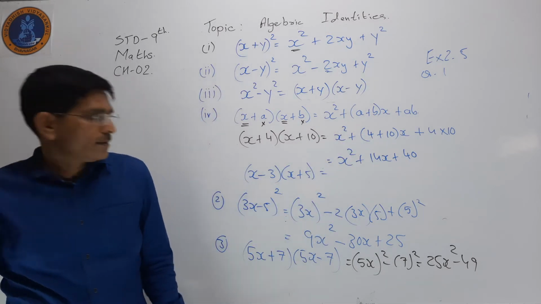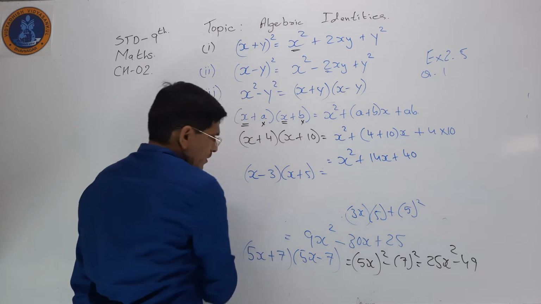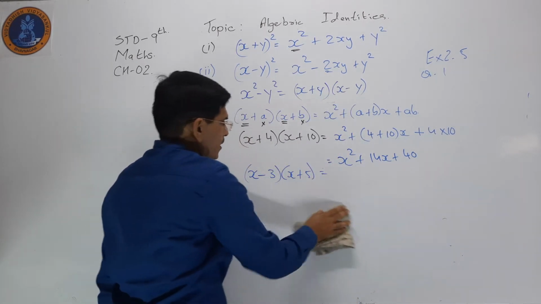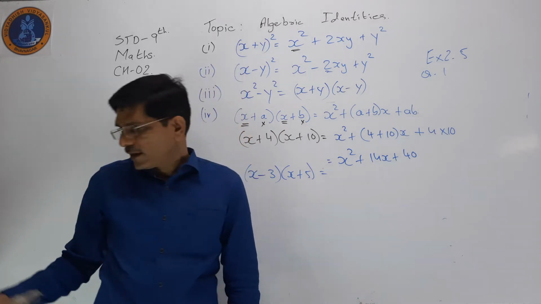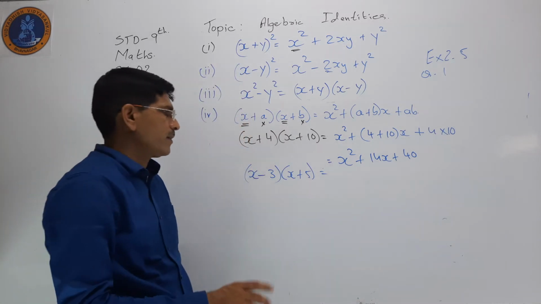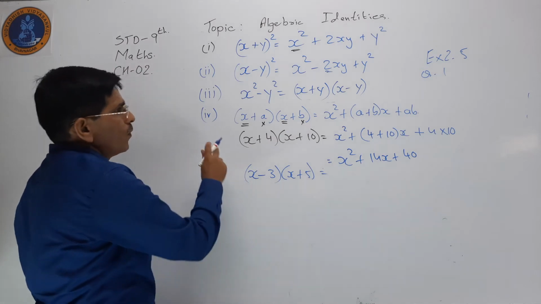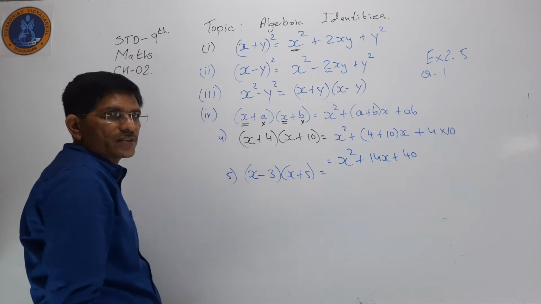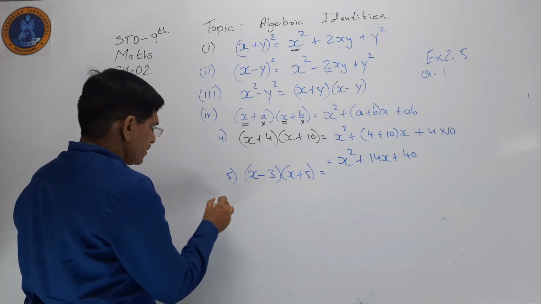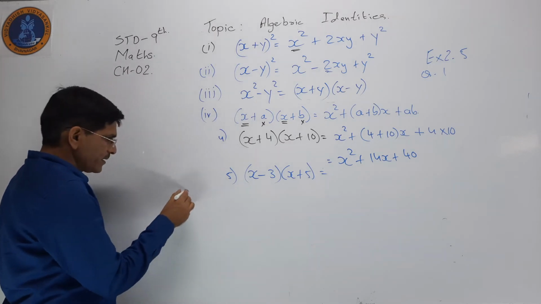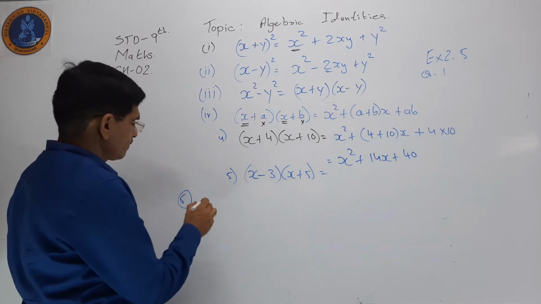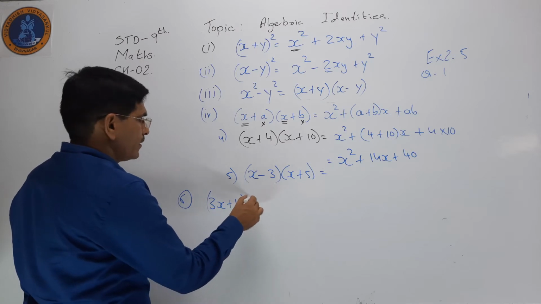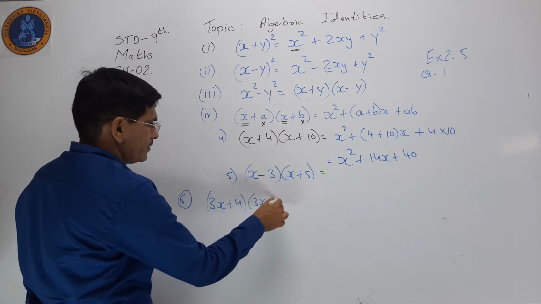Then I think that you have understood. Try to give the answer of this, (x - 3) and (x + 5). So the fourth sum, that is, now this is the fifth sum. Again I write one more sum here, the sixth sum, that is (3x + 4) and (3x - 5).